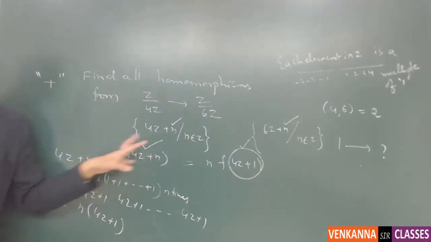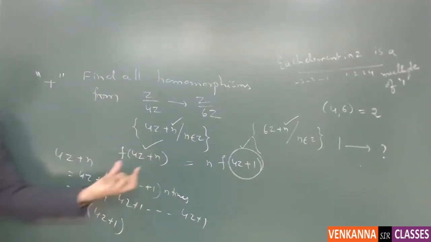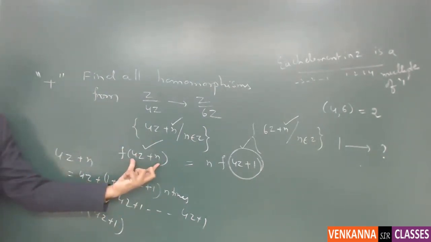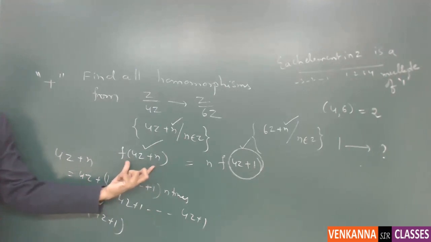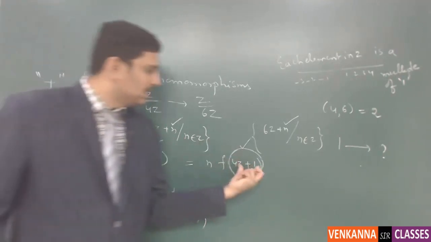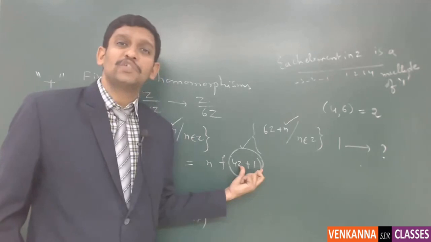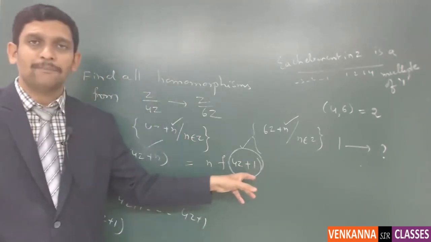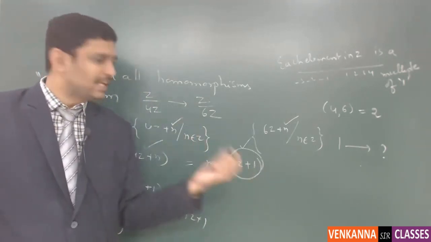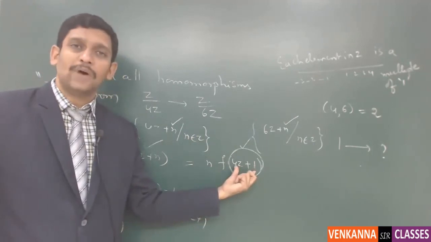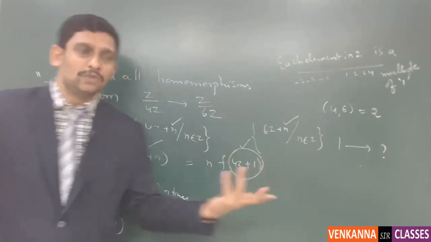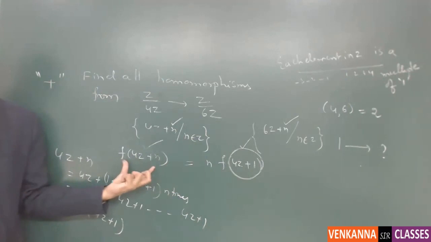That is what I am trying to say here. Whatever the value 4Z + n you take, it is nothing but n times 4Z + 1. So if you know the image of 4Z + 1, automatically you can know the image of 4Z + n. Clear now?